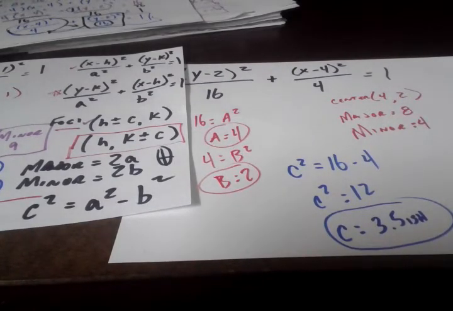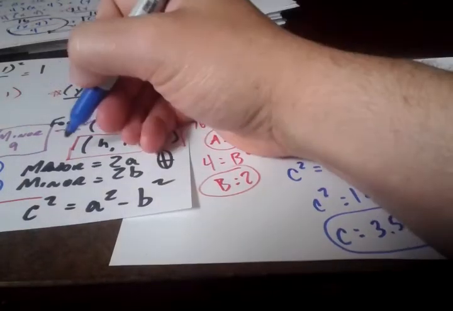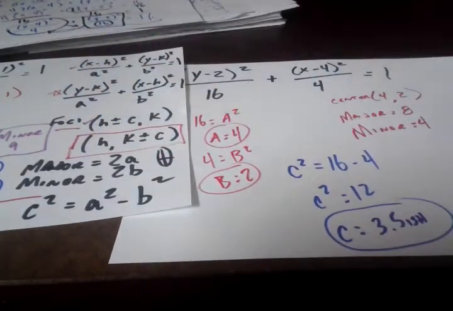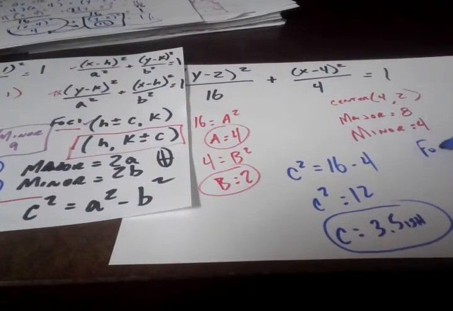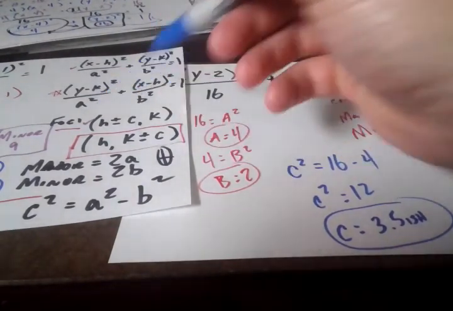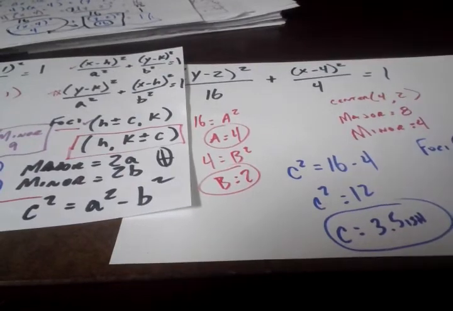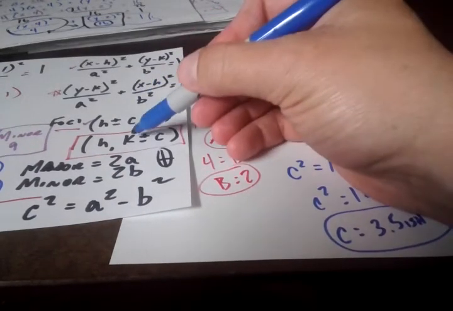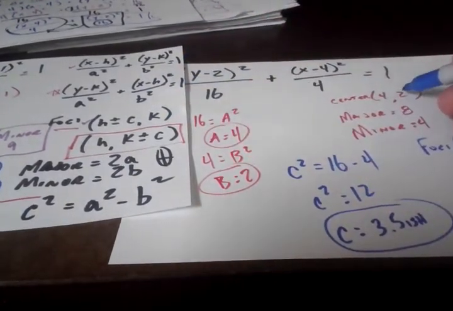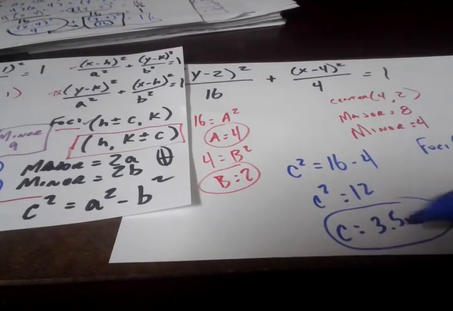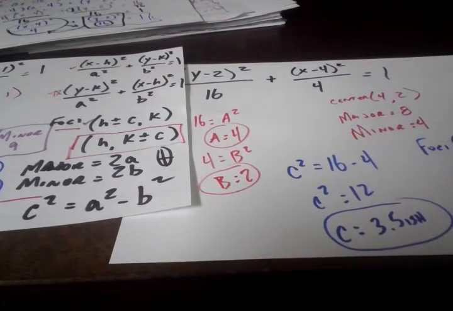All right, and we will use that to find the last part of this problem, which is the foci. And we're using this one here. We have 2 foci points. The first one is h, which was 4, so we're going to say 4, comma, k plus c. So 2 plus 3.5, which is about 5.5.